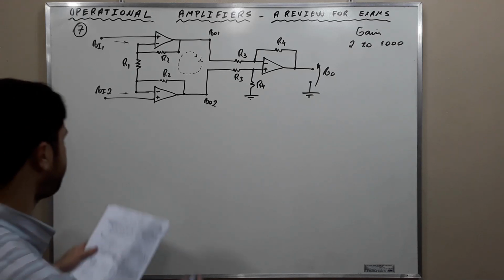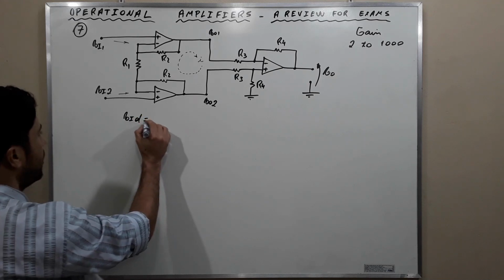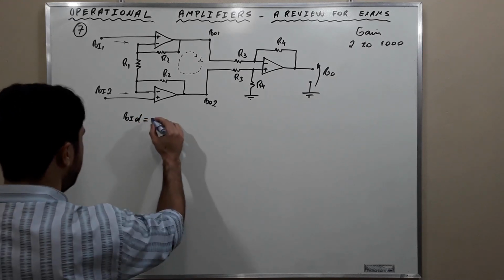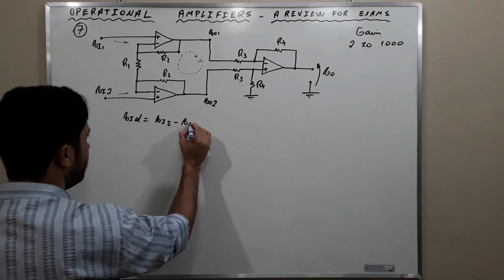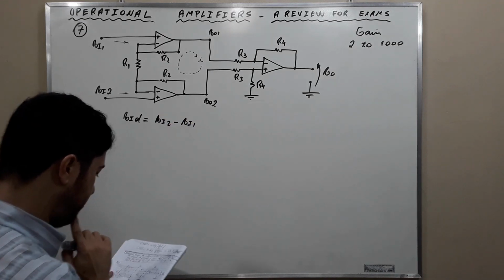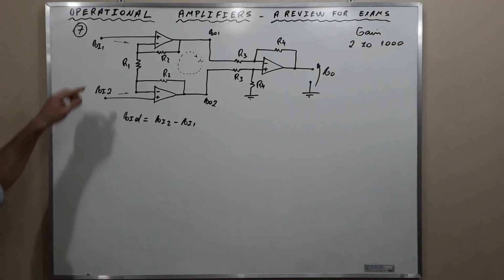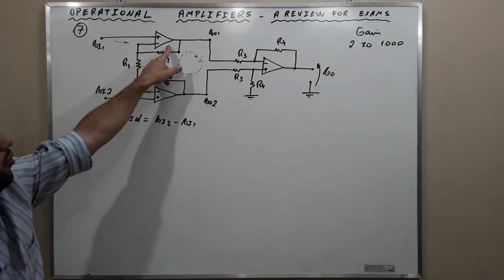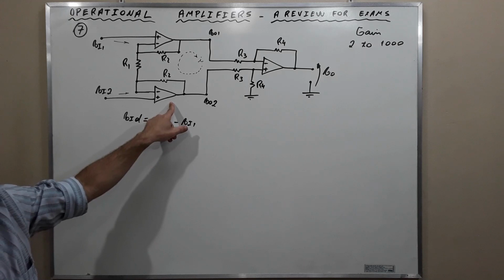Observe that VID equal to VI2 minus VI1 appears across the resistor R1. How? Let's suppose that these two operational amplifiers are ideal.